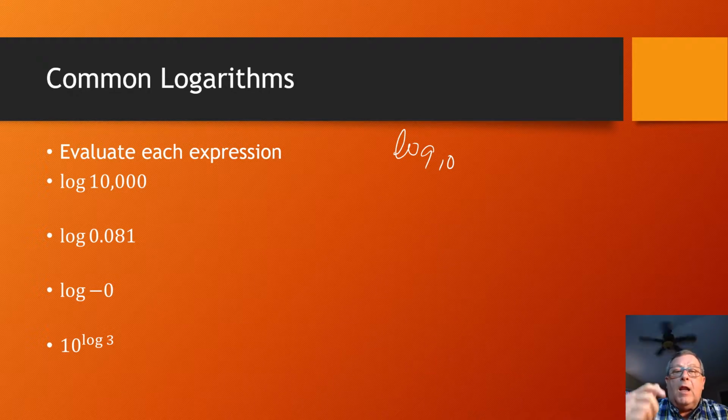So if I've got log of 1, log base 10 of 1, well, that's going to equal 0. And if I've got log of 10, log base 10 of 10, well, that equals 1. That's like 10 to the first power, if you will.